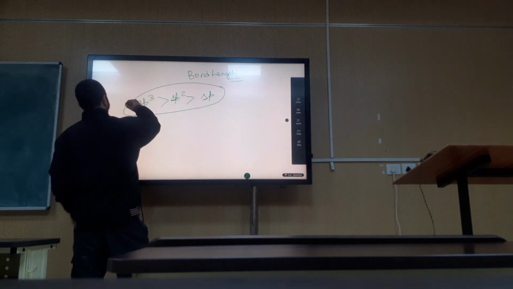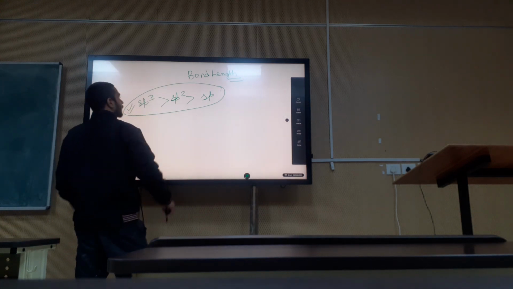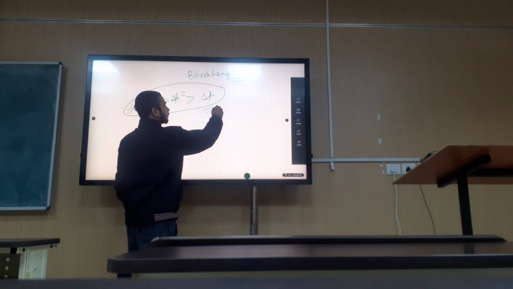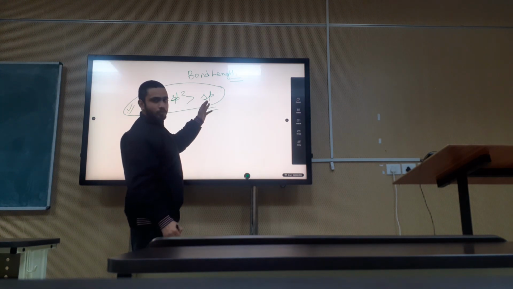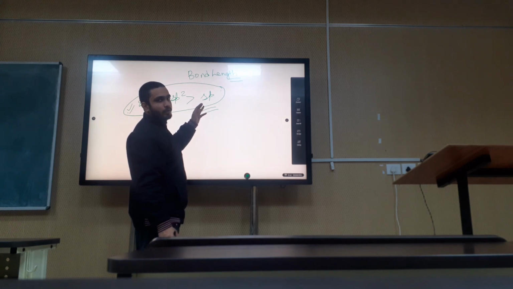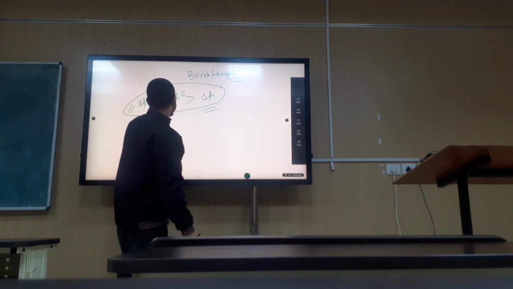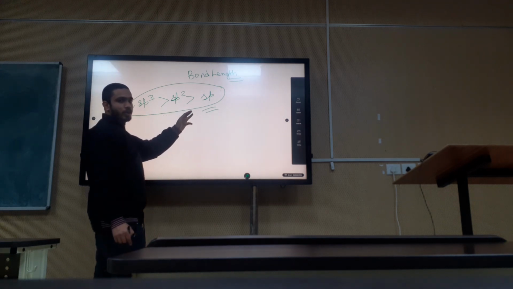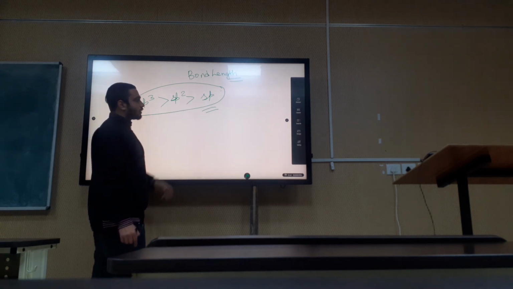So for the hybridization, sp3 has the highest bond length and sp has the smallest bond length.